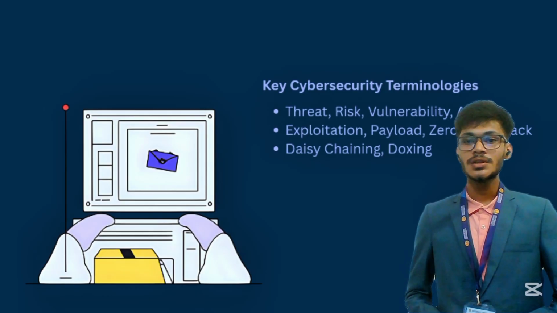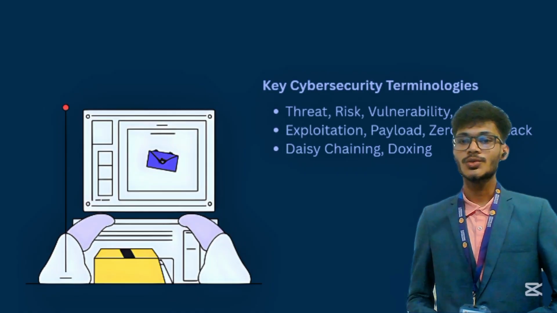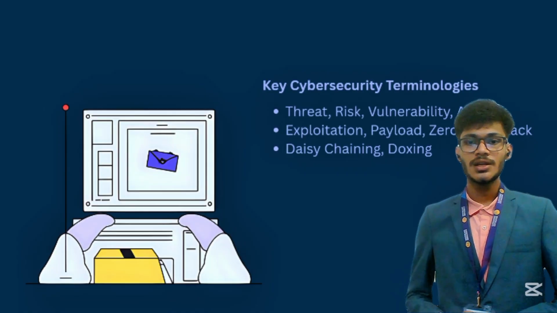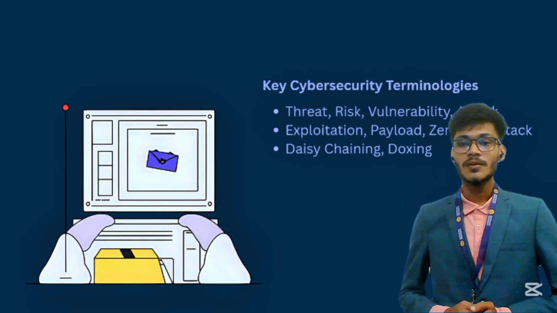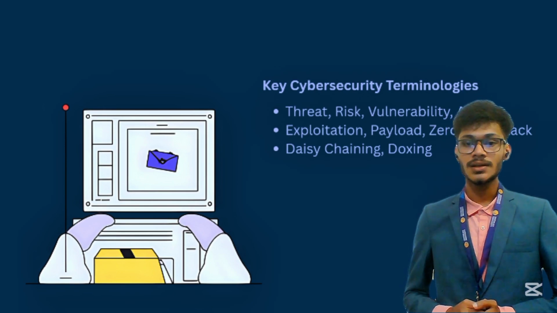Key cybersecurity terminologies. Before diving deeper, we must know key terms. A threat is any potential danger, while a risk is the chance that this danger becomes real. Vulnerability means weakness, and an attack is the exploitation of the weakness.